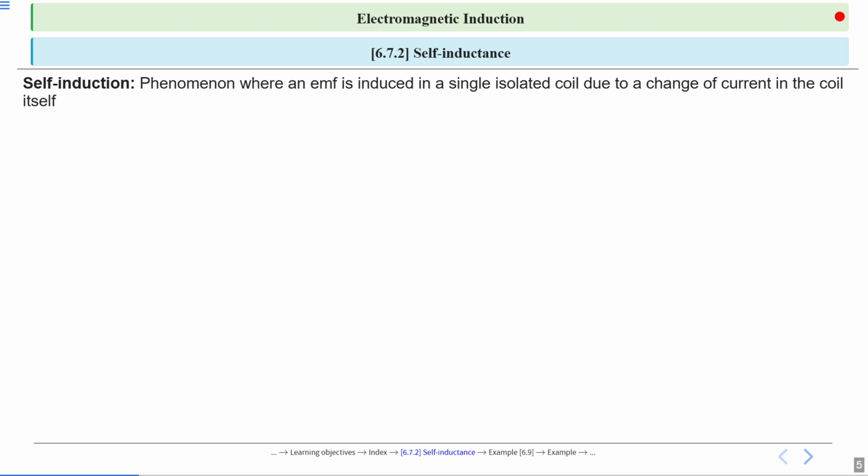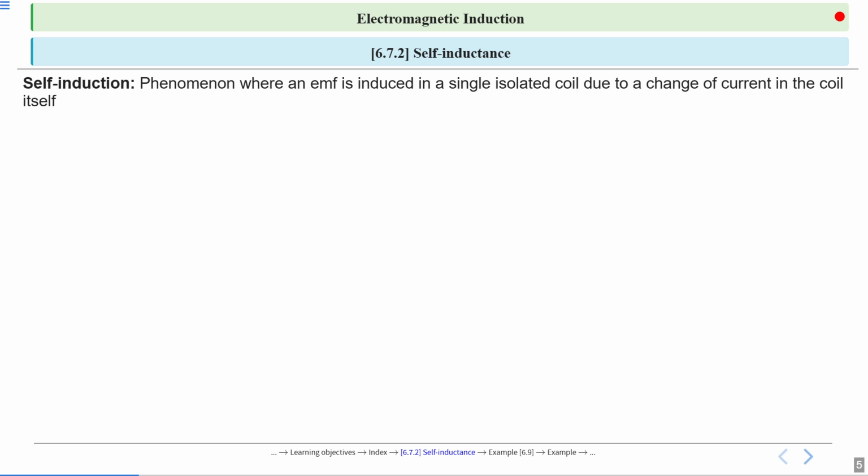There were two coils. In self-induction, EMF is induced in a single isolated coil. It is not under the influence of another coil nearby. Only one coil is there.